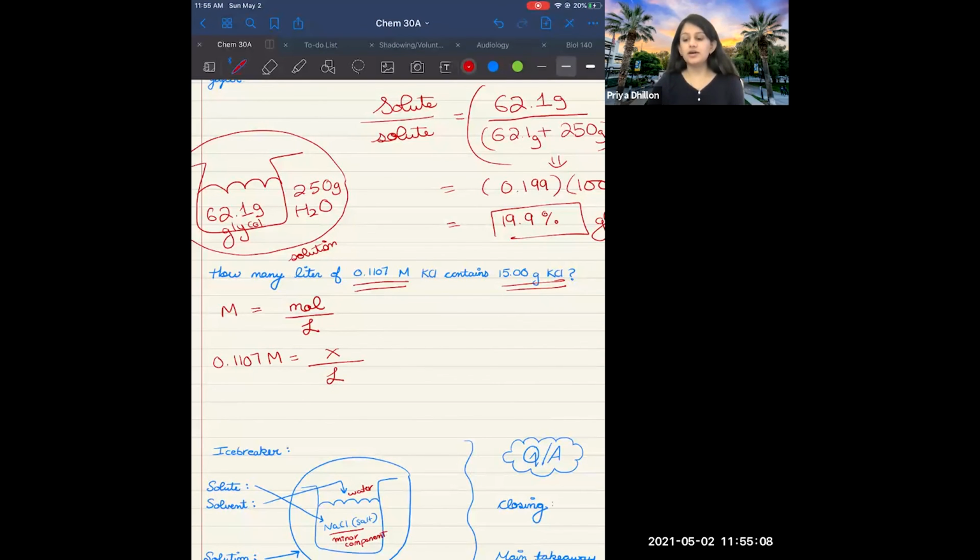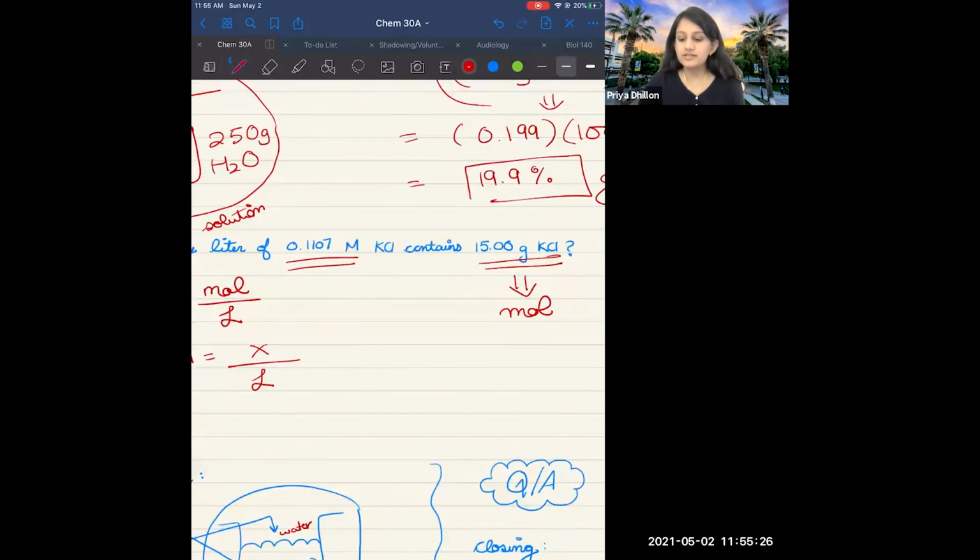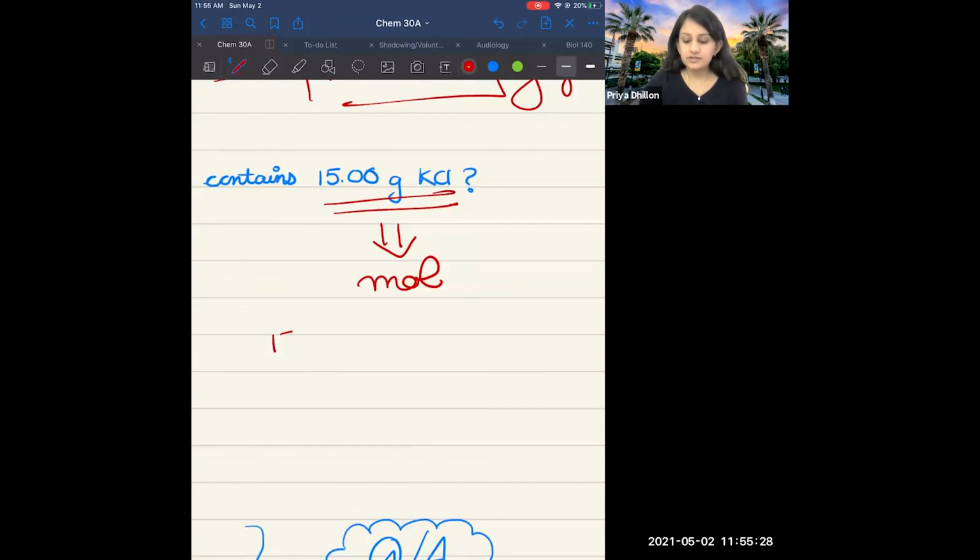But can you guys tell me how we can get from the grams of KCl to moles? This is from the second midterm when we were doing mole conversions. Yeah, so grams and molar mass. So let's do it together.